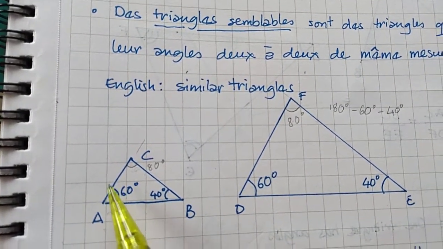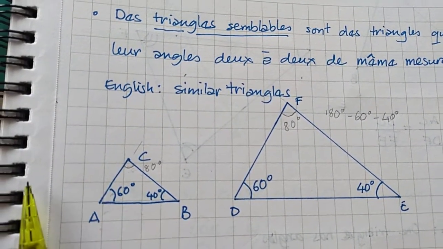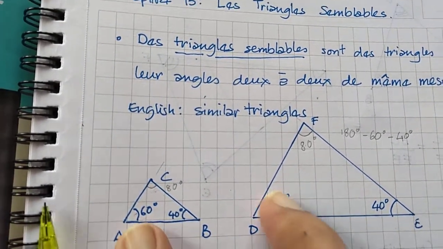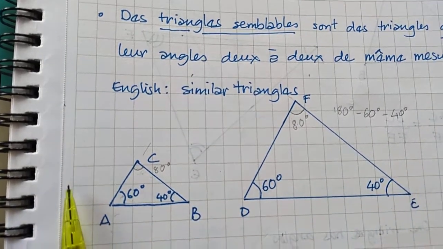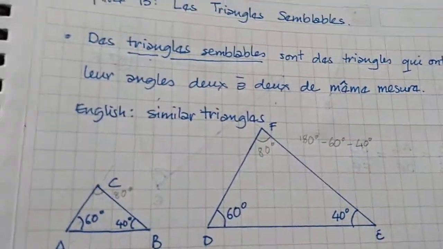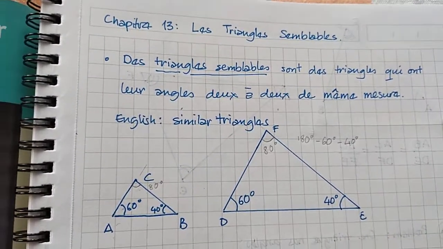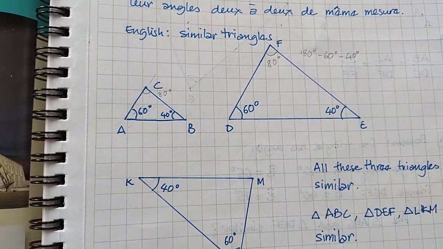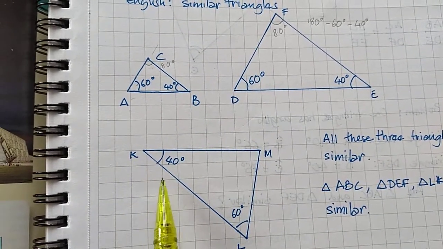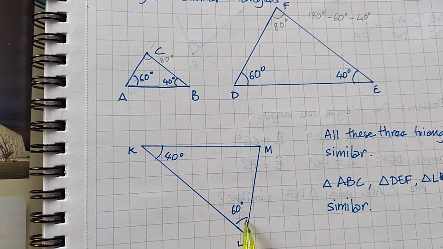So for two triangles to be similar, two of their angles 2 by 2, this and this and this and this, have to be equal. That's all. That's the definition of triangle semblable. And I have got another triangle here where I've drawn it in a little different way. I've put 40 degrees to the left, 60 degrees to the right.